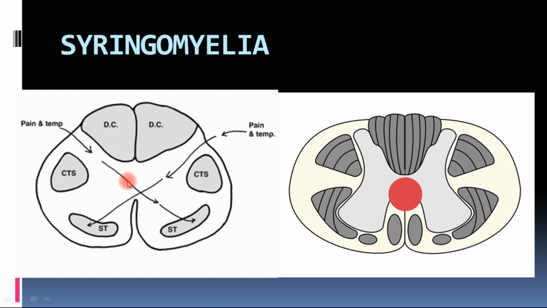What is getting lost? As you can see here, the compression is in this region, and the pain and temperature sensation from this side synapses here, and then crosses to the opposite side to the spinothalamic tract and ascends.